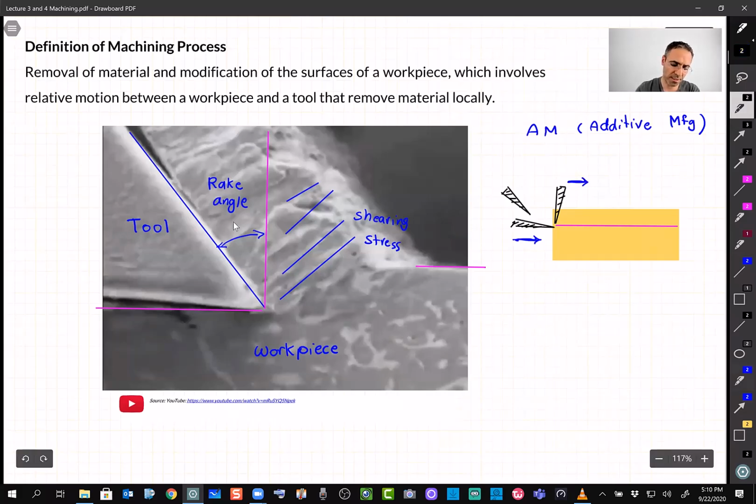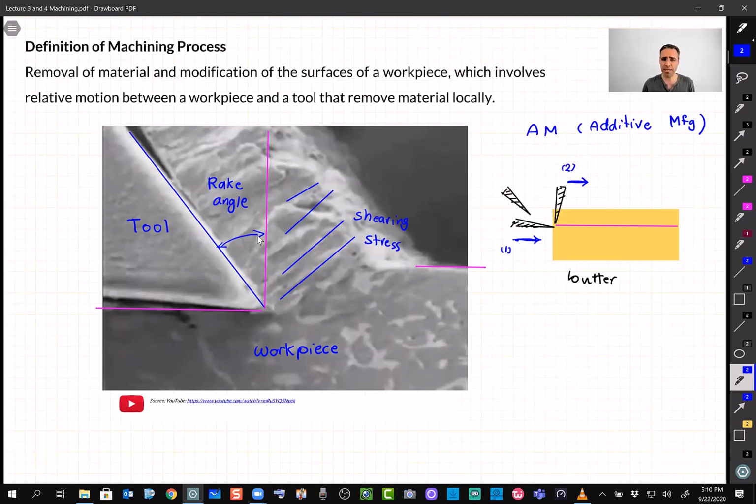Again, this is a piece of butter and you're trying to cut it. I want you to visualize which of these is easier for cutting the butter, configuration 1 or 2? The answer is sort of clear, right? Configuration 1 goes smoothly through the material, but with 2 you have to apply lots of force, and the surface of the butter you get may not be as nice as you want.